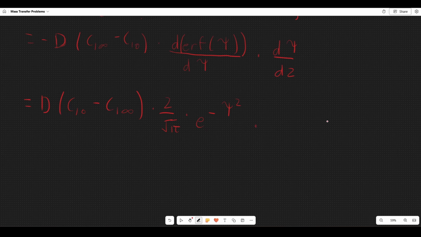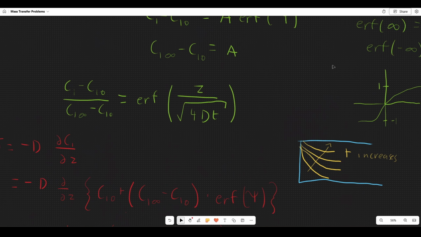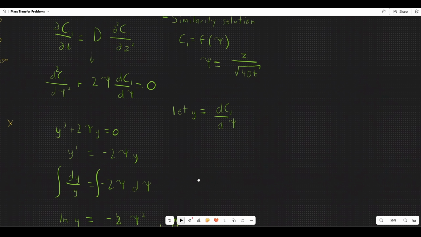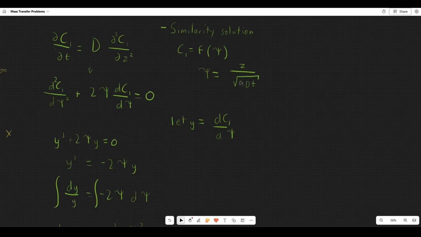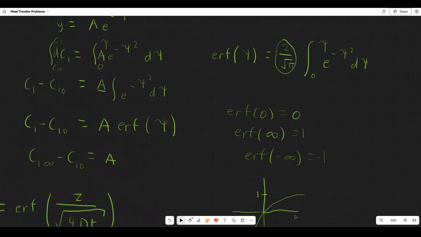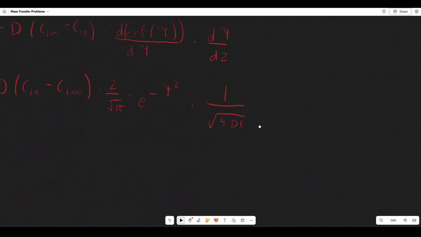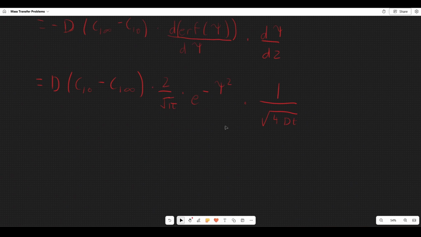And if you were to take the partial derivative of psi with respect to z, you would get 1 over the square root of 4Dt, right? Because going back to what psi is, you can treat everything underneath here as a constant. And so you just get the constant as the coefficient. Perfect. And so the square root of 4, that's 2. So this cancels out with this.